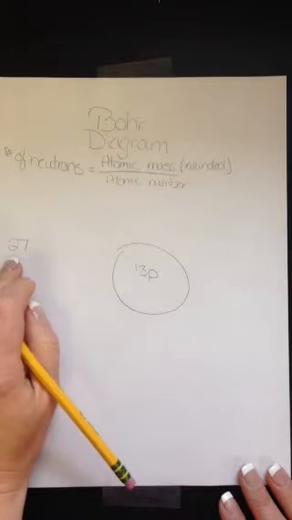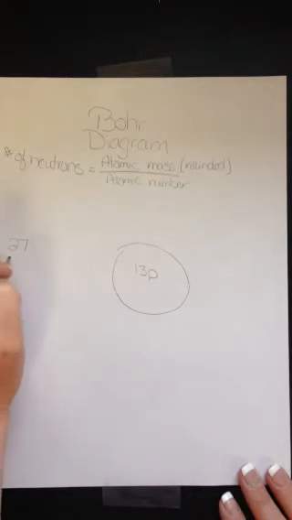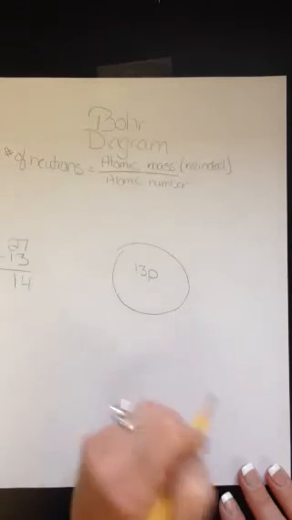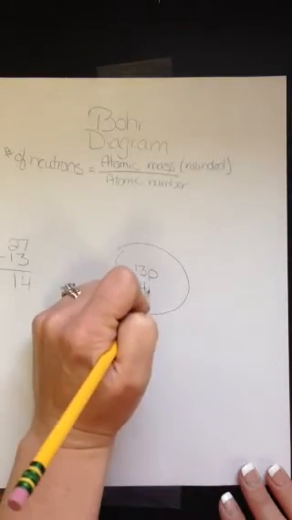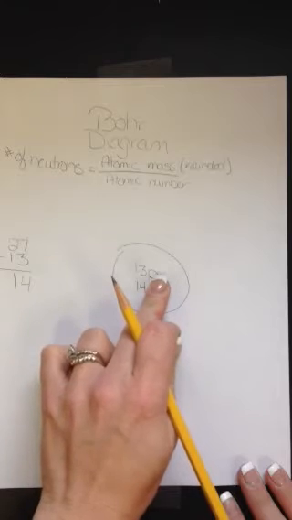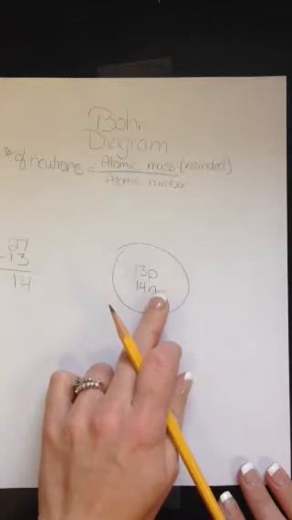So we've got 27 for our atomic mass. We're going to subtract our atomic number, which is 13. 27 minus 13 is 14. So we're going to write 14N. Okay, so this represents the nucleus of our atom.